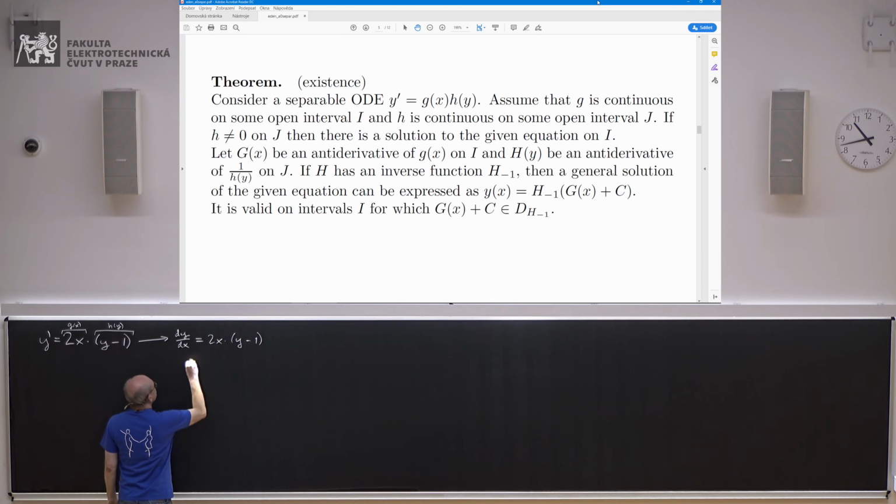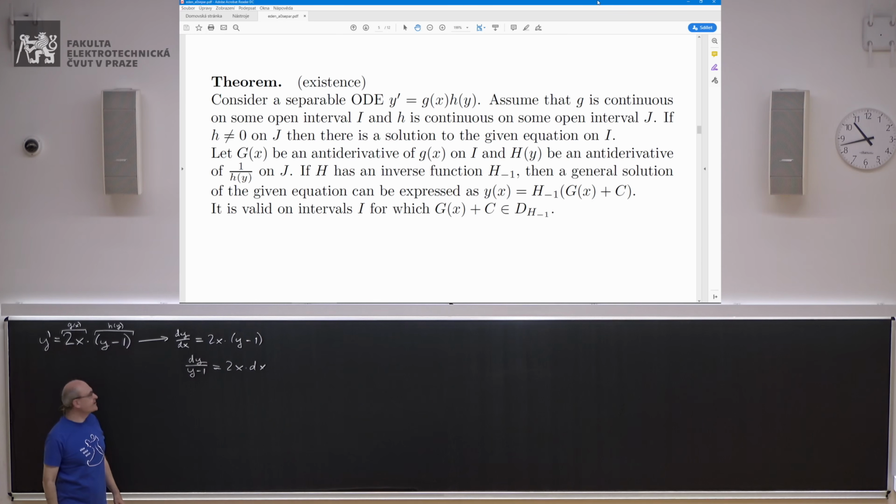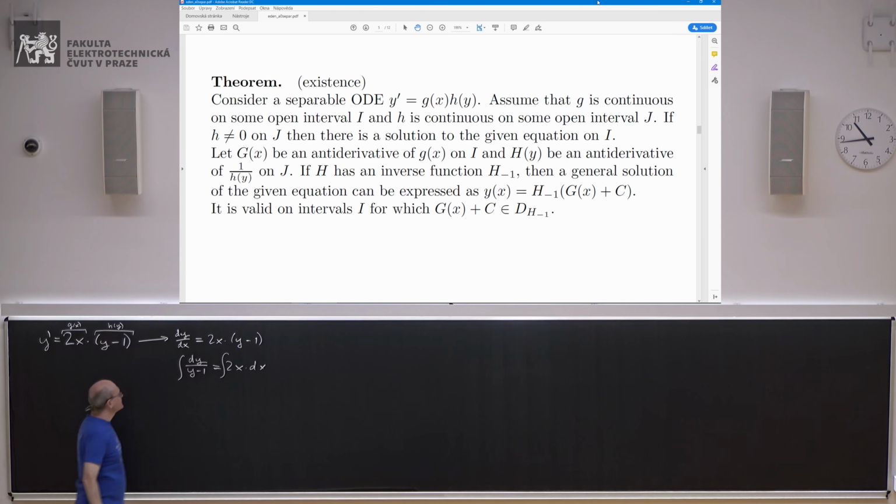So let's see. Dy over y minus 1 should be 2x times dx. Well, it seems that I succeeded. All the y's on the left, all the x's on the right. And if I attach the integral signs, this looks like well-behaved integrals. There is dx at the end with multiplication, dy. Everything is perfect. So that's a very nice example.